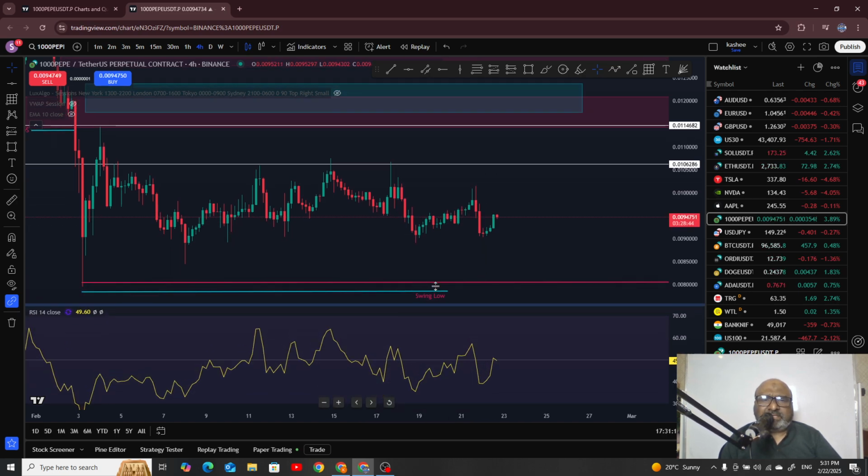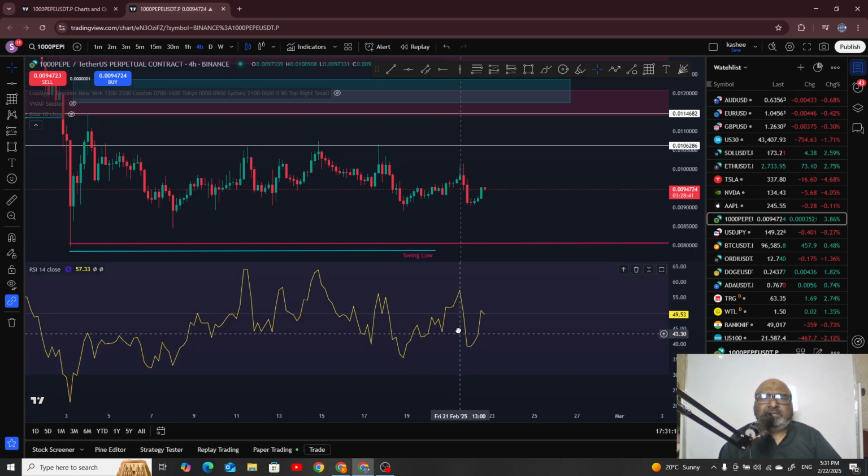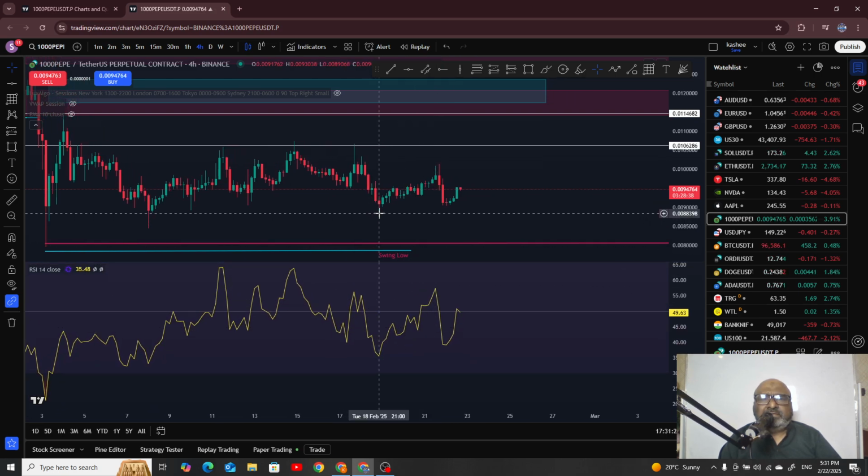What is RSI saying? RSI is not giving anything here. Okay. There was some divergence here, but this divergence could bring the market up till this point only.